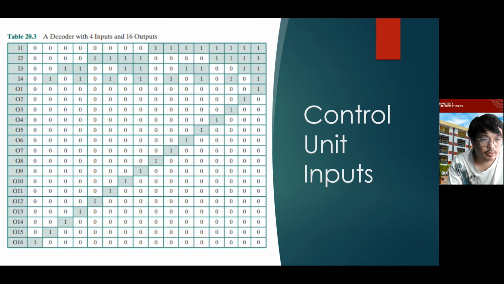So we would like a counter as an input to the control unit, with different control signals being used in time 1, time 2, and so on, in the cycles that we discussed earlier.